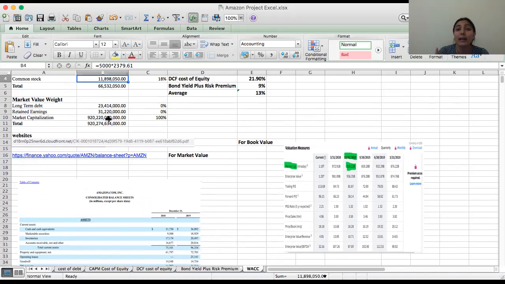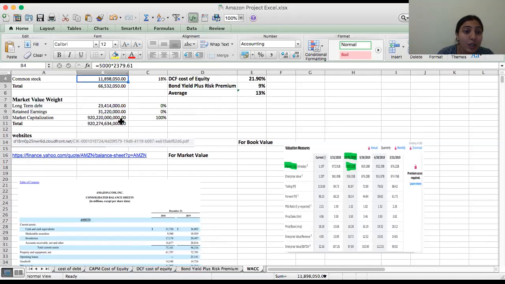I took market capitalization because market capitalization is the total of all the common stock value. So I took market capitalization in my market value weight, which, like I said, is the total of all of the common stocks' value.